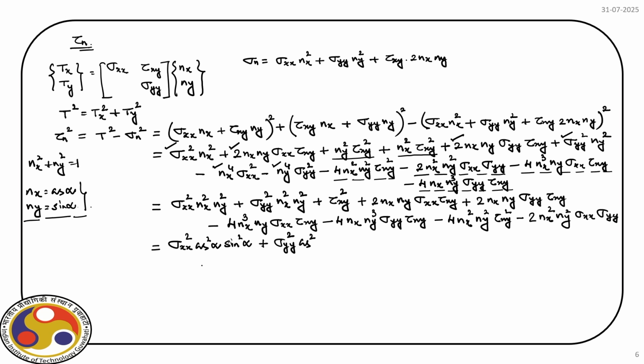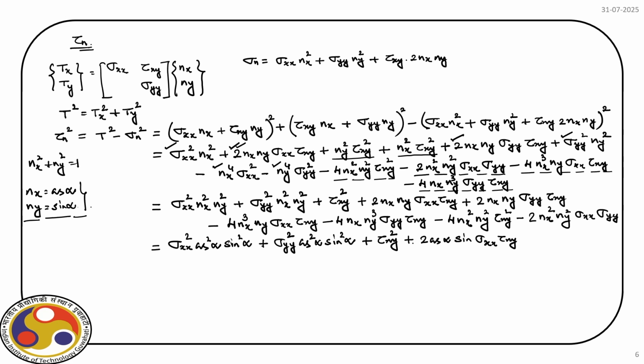We have cos square alpha times sin square alpha plus we have tau xy square, right, and then we have twice cos alpha sin alpha sigma xx, and then tau xy.